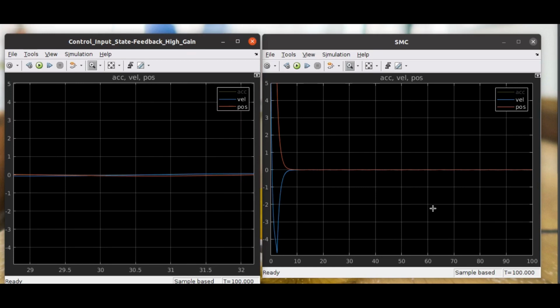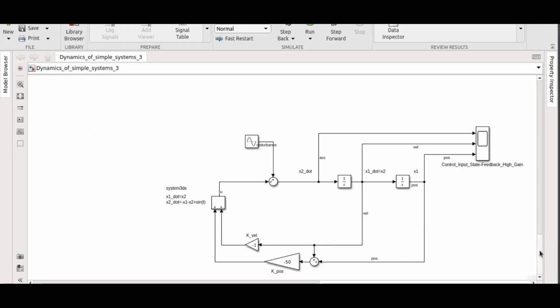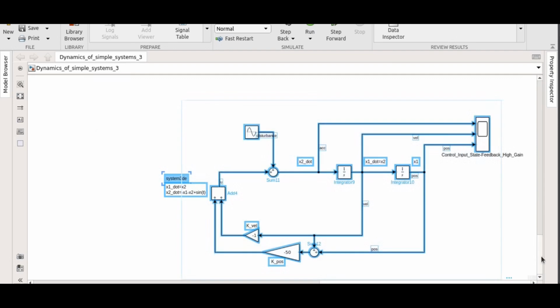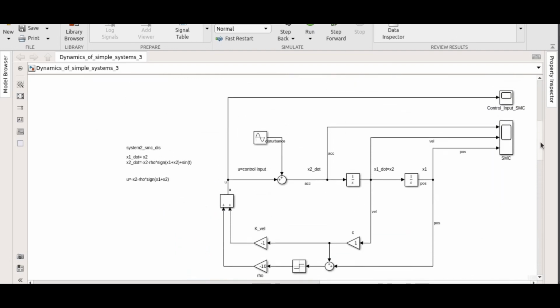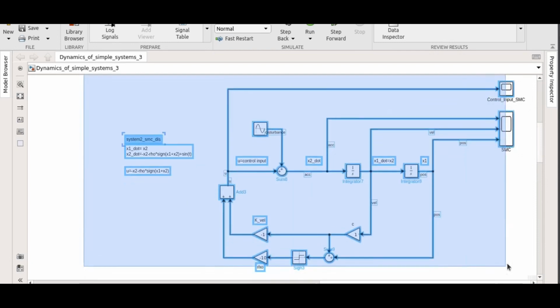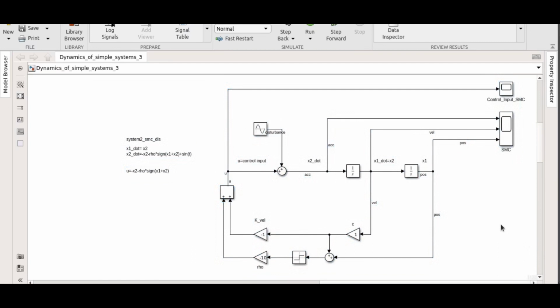So does that mean that a sliding mode control is a better controller than a state feedback control? Let us see. Obviously, sliding mode control is able to bring the position and velocity of the body to 0 and keep it there. But it comes at a cost.